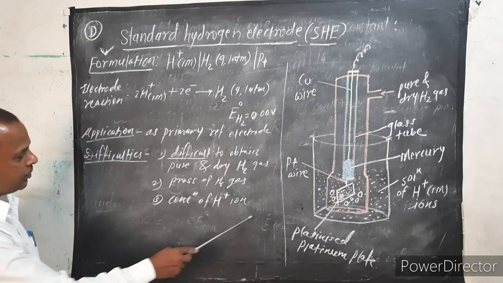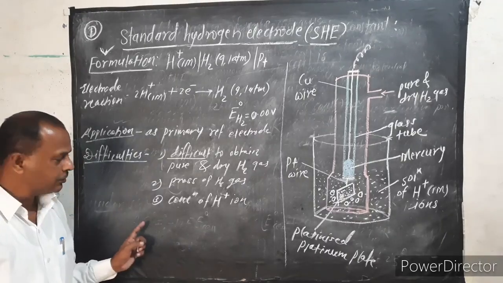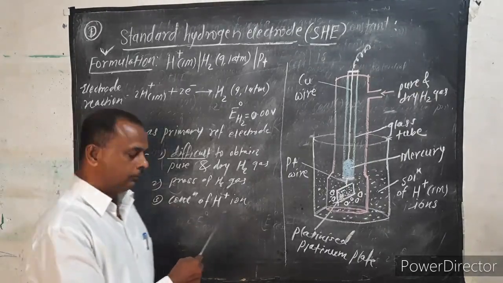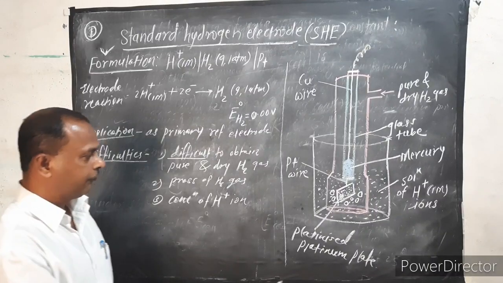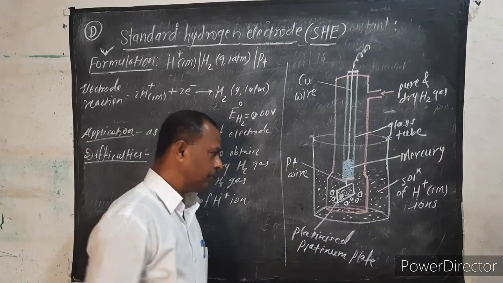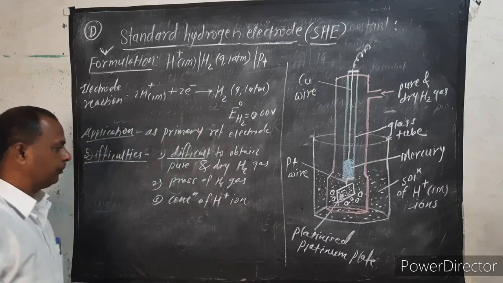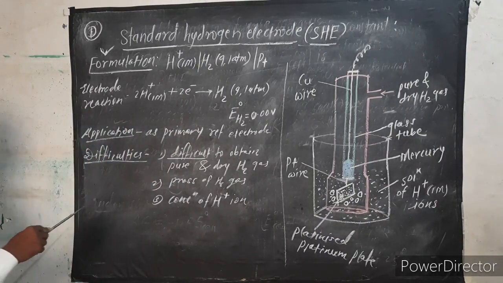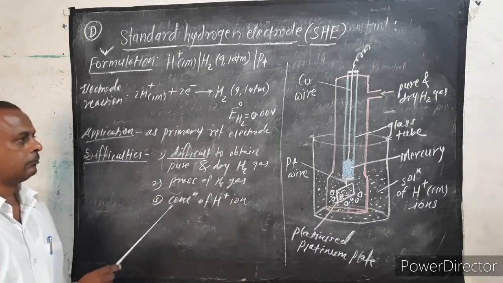The concentration of H plus ion is also difficult to maintain at 1 molar, again due to some evaporation of water molecules during the experiment. So these are the difficulties in the standard hydrogen electrode.